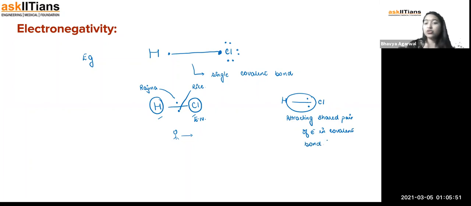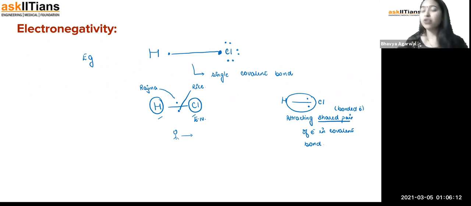It has attracted the shared pair of electrons in a covalent bond. So in a covalent bond, the electrons are equally shared. What will chlorine do? It will attract the electrons. Shared pair of electrons means the bonded electrons, the electrons which participated in bonding. It has attracted that.